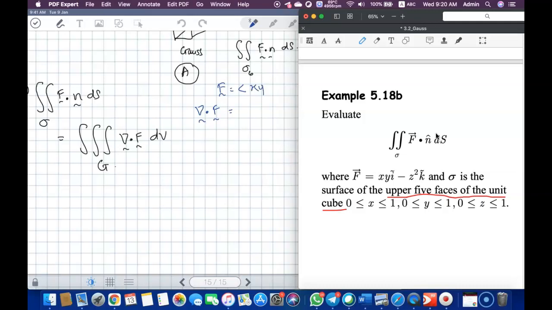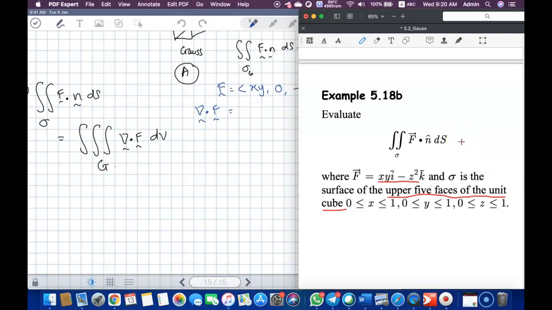xy, and then, okay, you have to be careful, you don't just blindly copy them. You have only i and j, so your y component is 0. I also sometimes make the same mistake. Okay, so again we have to be careful. Minus z squared.